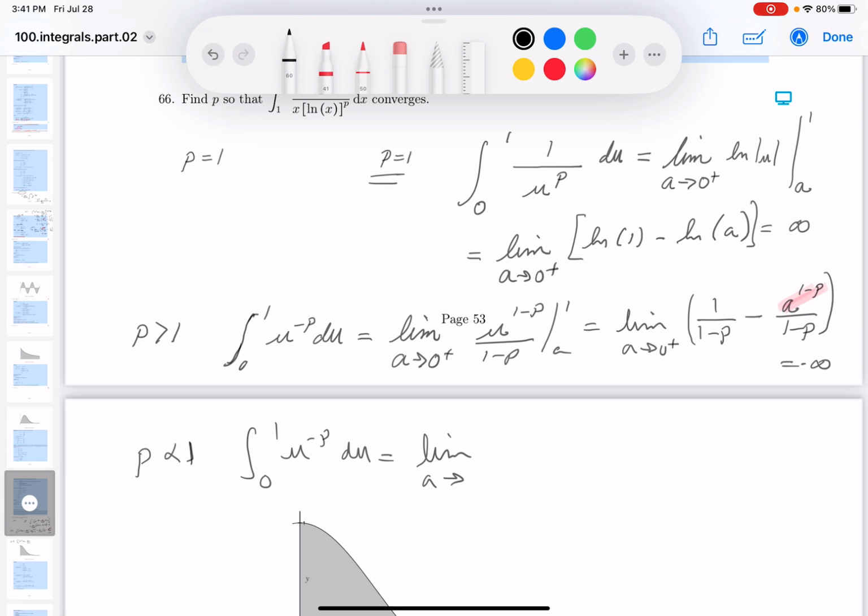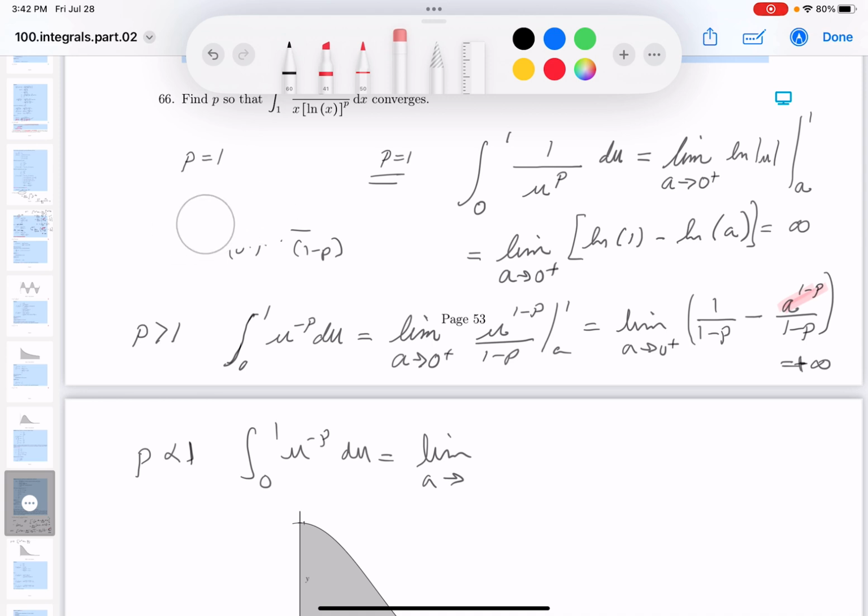Before I commit to the infinity, I've got to think about that again. For p greater than 1, 1 minus p is a negative number, so a to the 1 minus p blows up to infinity. Yeah, it's plus infinity, I'm sorry.